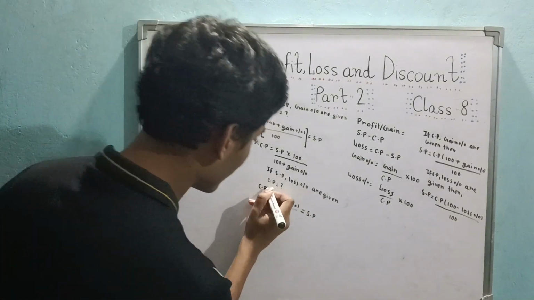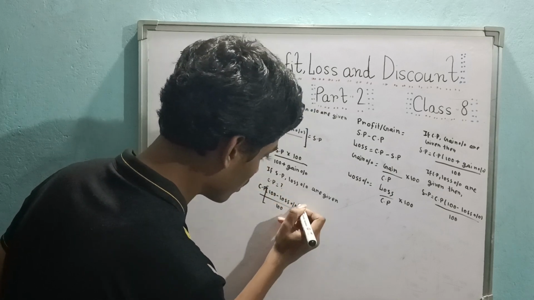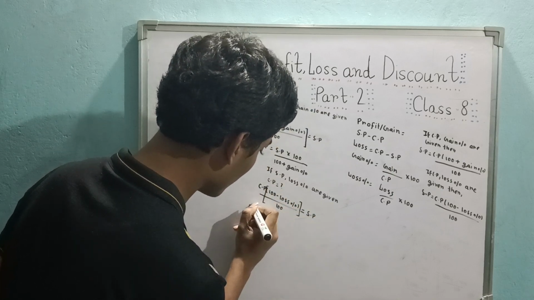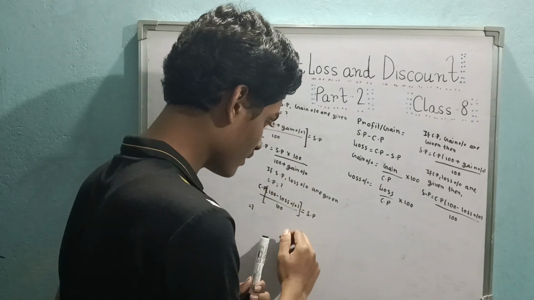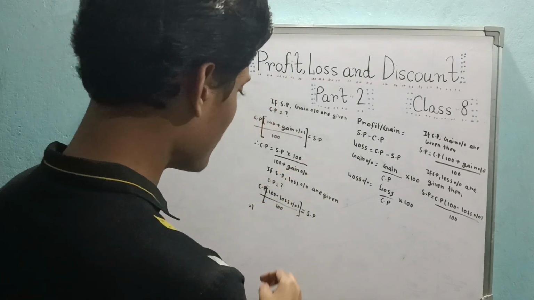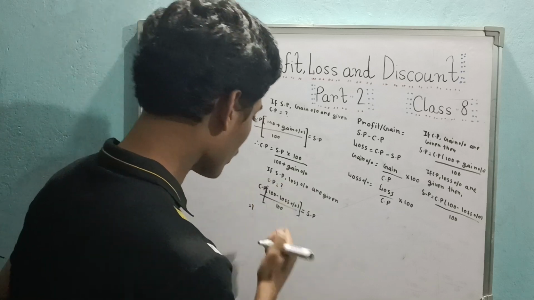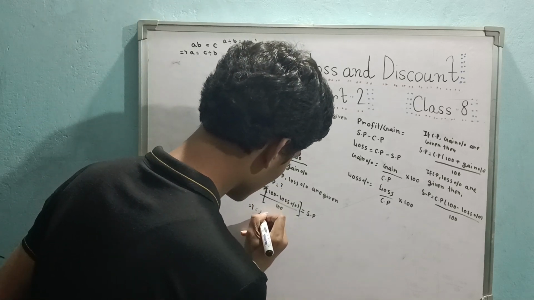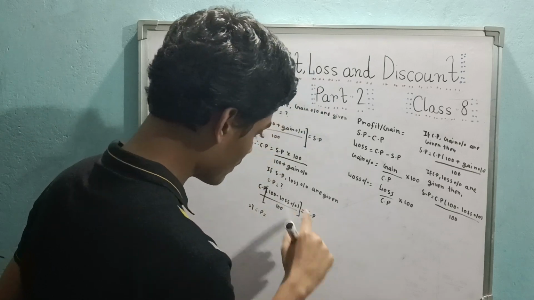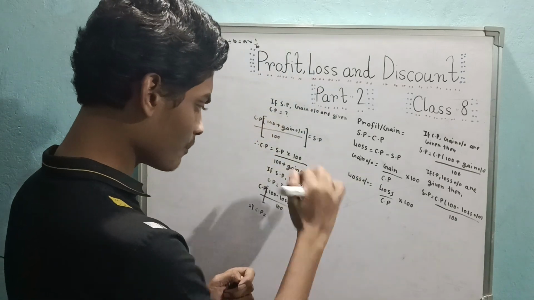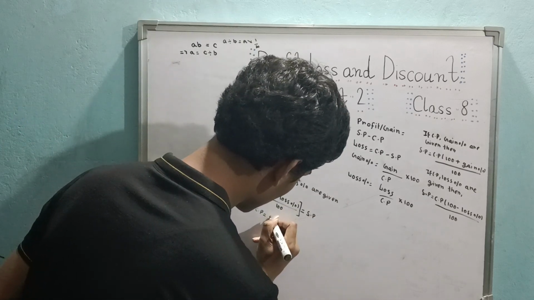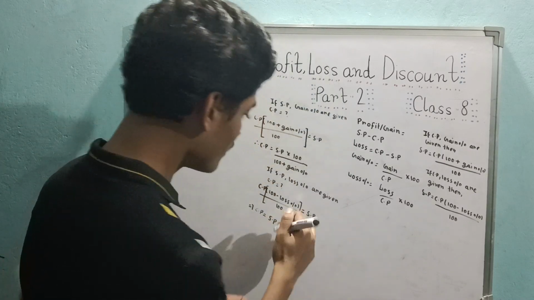But now if I take this one in bracket, then I see that it's looking like A multiplied by B equal to C. Then A or CP will be what? B by C, but B by C is B into 1 by C. This gets reciprocated, multiplied by this reciprocation.